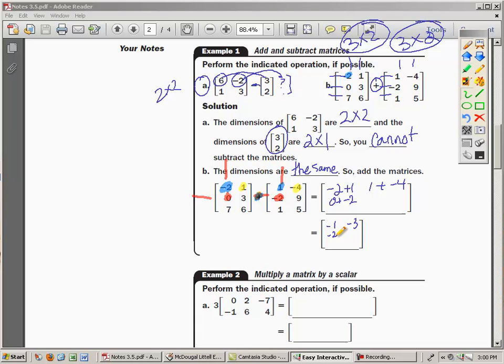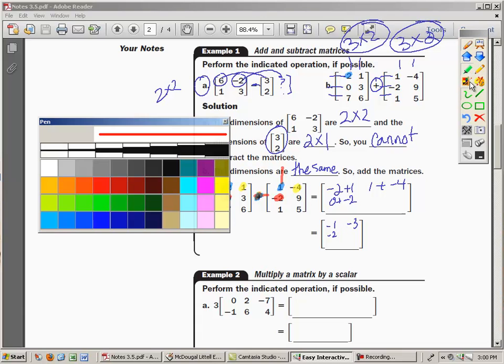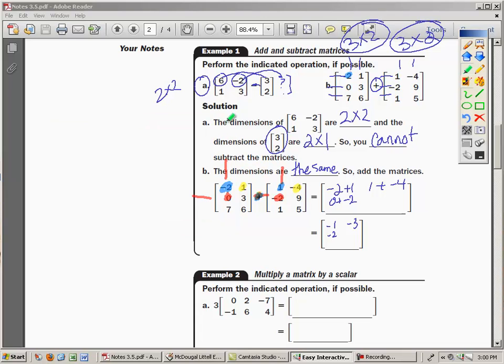Continuing, this is now 3 plus 9, which is 12. And then we'll finish this last line. This is 7 plus 1, which is 8, and 6 plus 5, or 11.